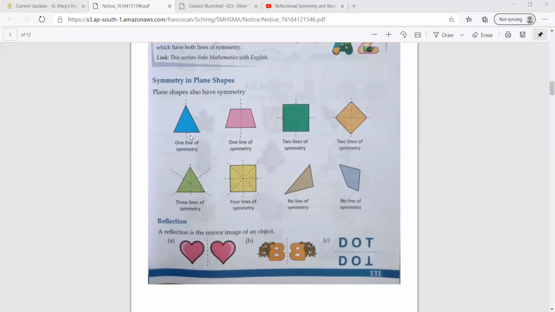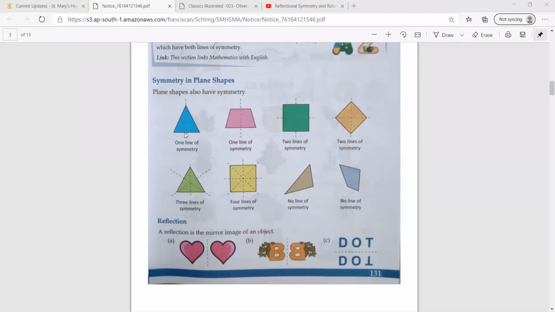We had learned watching the video that this type of triangle where two sides are same is called an isosceles triangle. So this has one line of symmetry. If all three sides were different measures, then it would not have any line of symmetry.